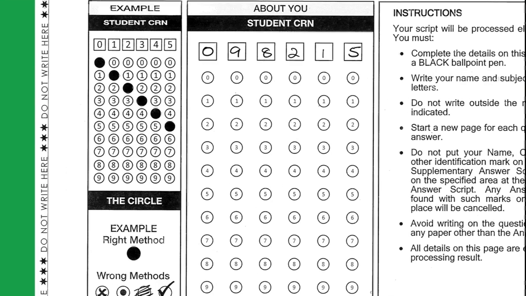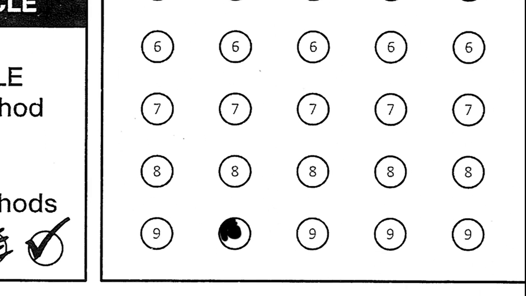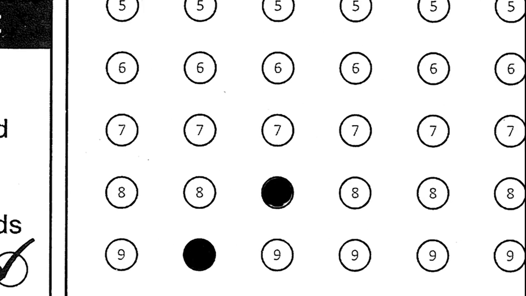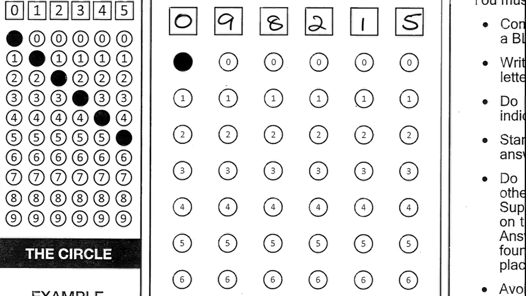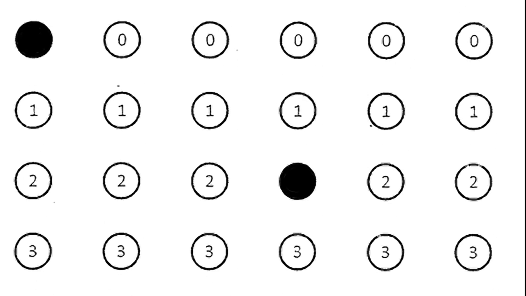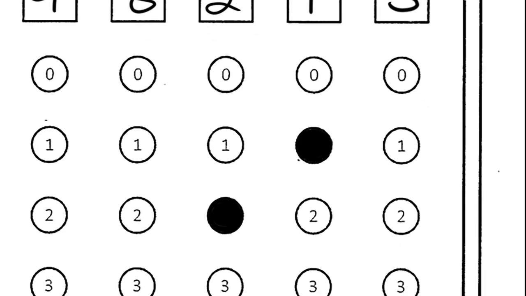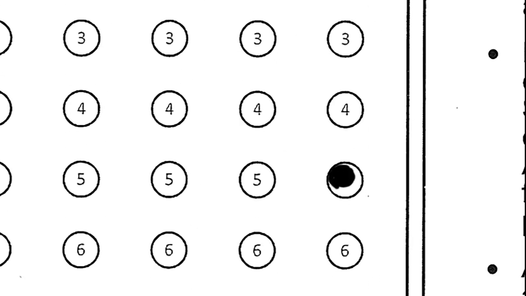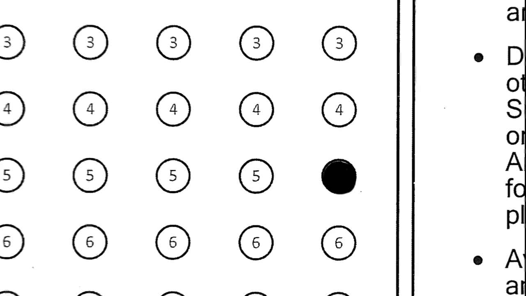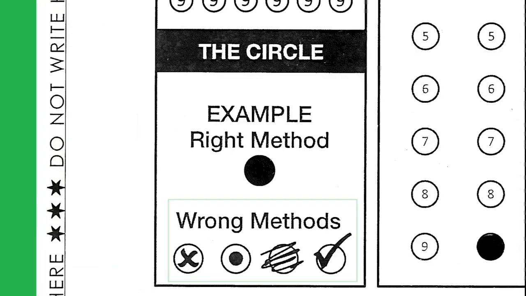Now I am shading the relevant circles, that is, first circle in the first row for 0, second circle in the last row for 9, third circle in the 9th row for 8, fourth circle in the 3rd row for 2, fifth circle in the 2nd row for 1, and 6th circle in the 6th row for 5. You should shade the circle properly and avoid any of the wrong methods given in the example.